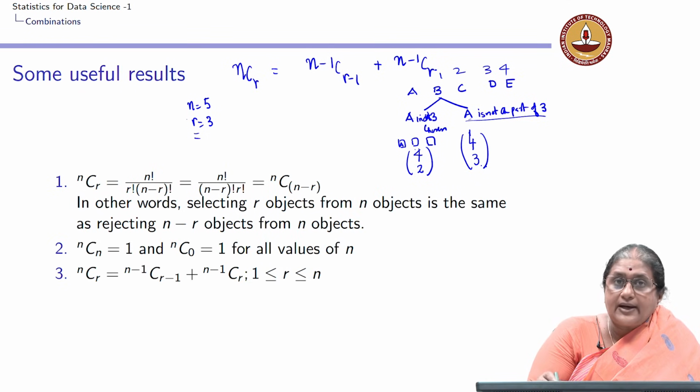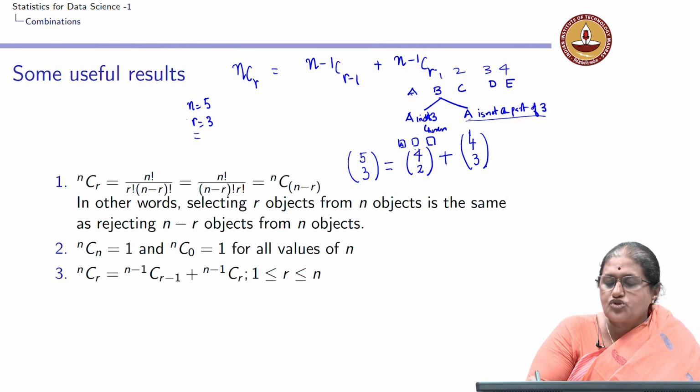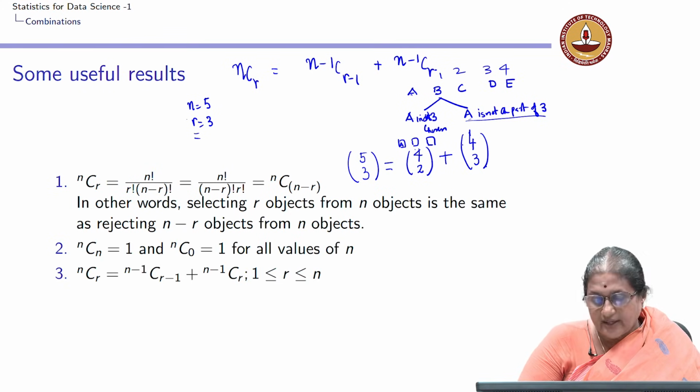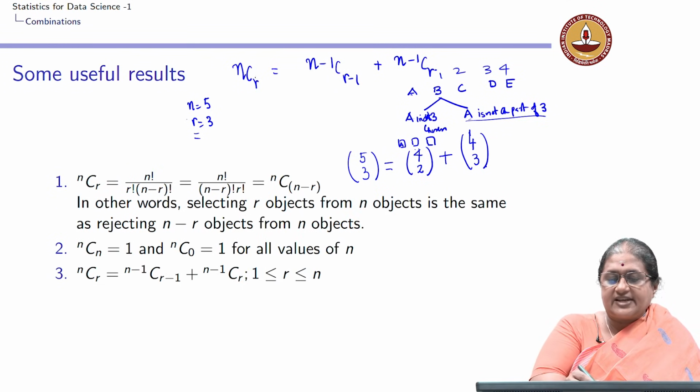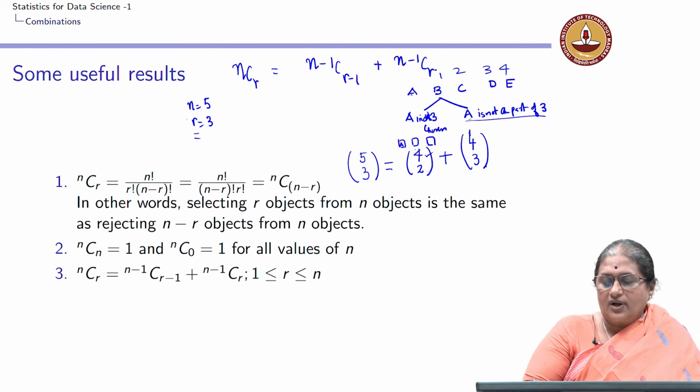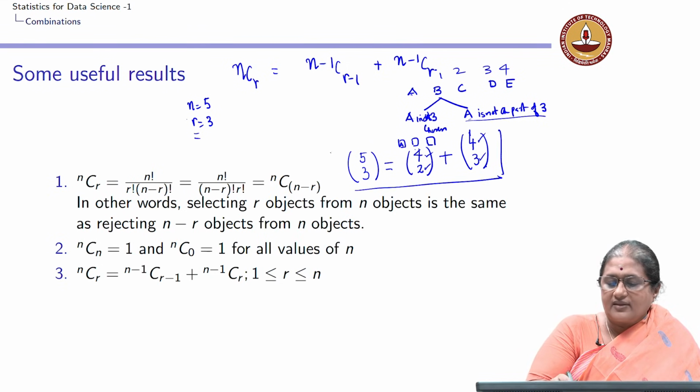So, the total number of ways I can choose 3 from A, B, C, D, E, which is 5 choose 3, is equal to 4 choose 2 plus 4 choose 3. So you can see that n equal to 5, r equal to 3, n minus 1 is 4, r minus 1 is 2, plus n minus 1 is 4, r is 3. This is what we have got in this example.